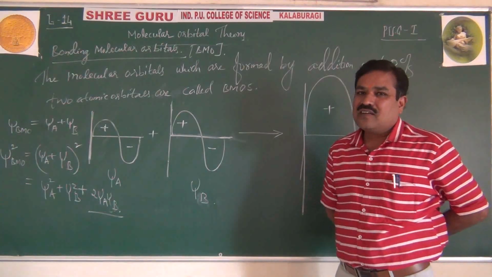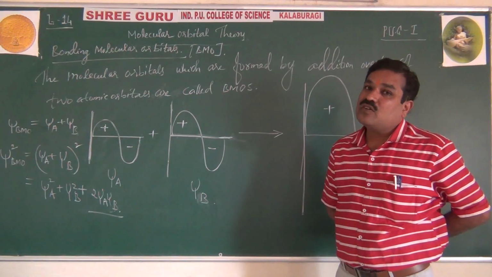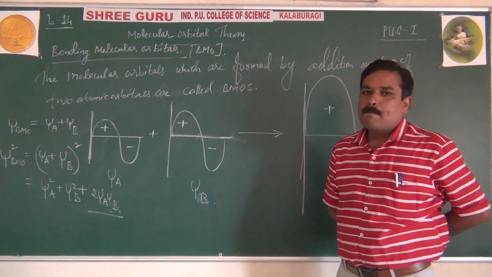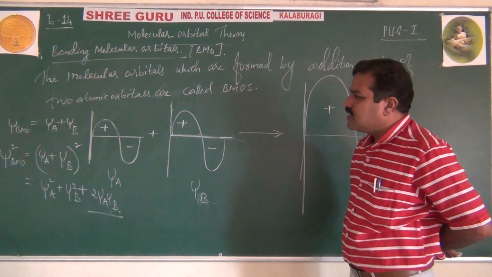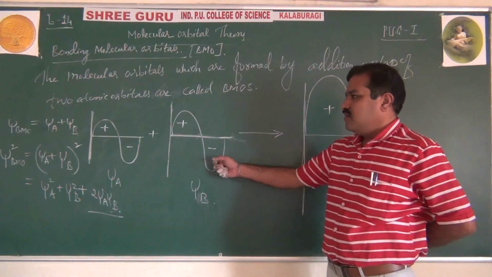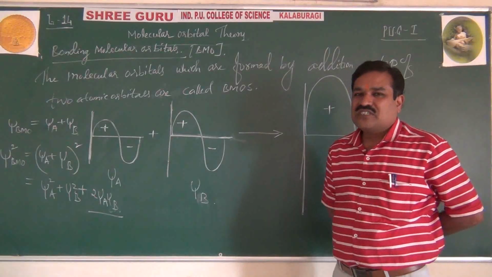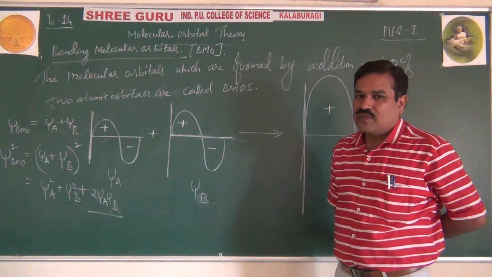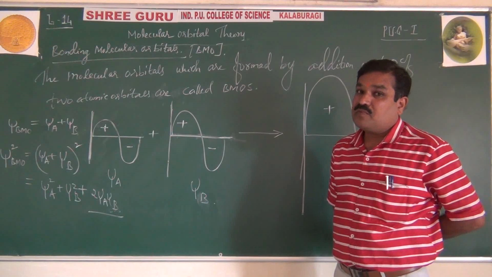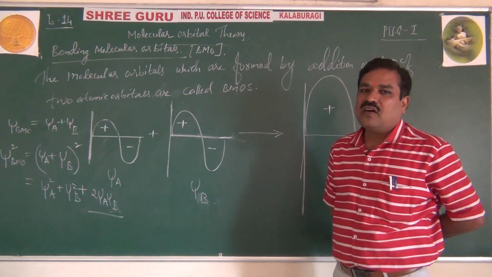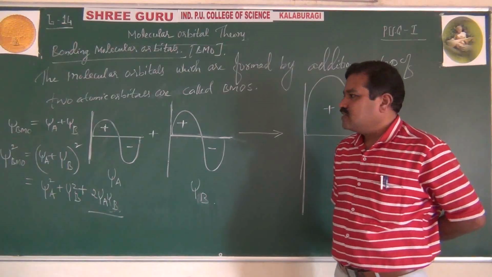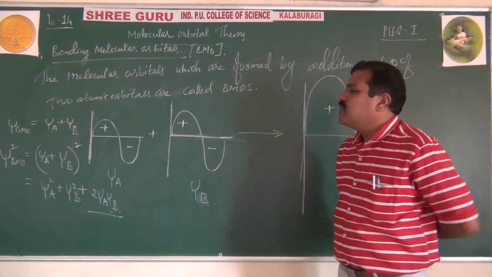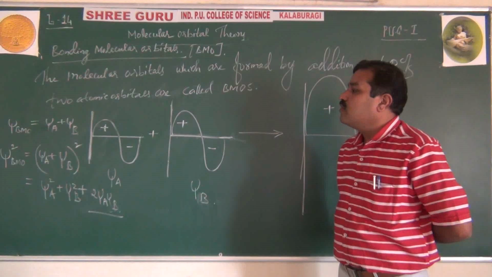Bonding molecular orbitals have less energy and more stability, but antibonding have more energy and less stability. There is a force of attraction between the nuclei in BMO, but there is a force of repulsion in antibonding molecular orbitals. These are the main differences. This is the information regarding bonding molecular orbitals.